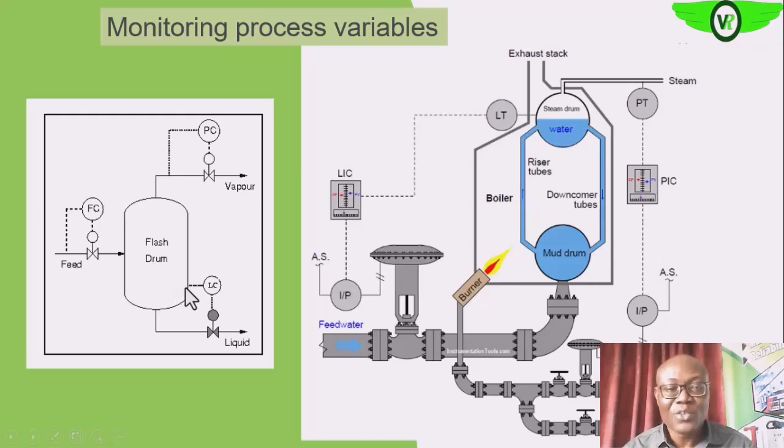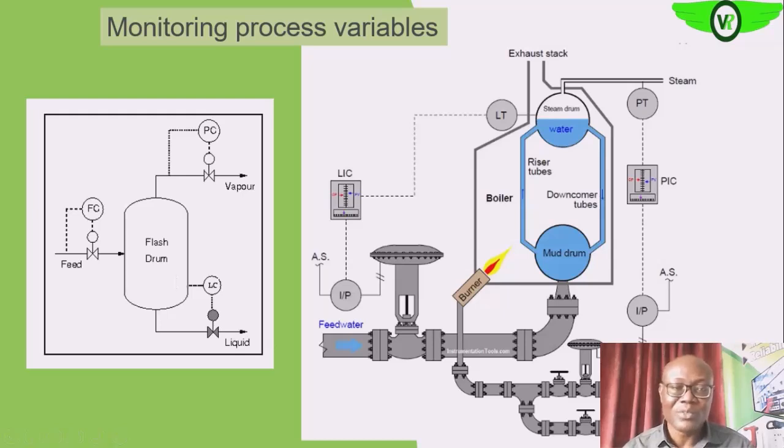So here we need the level sensor that senses the level and sends a signal to the controller that adjusts the final control element, such that when it gets to the required level, this valve will open up, and then we will remove some of the fluid from the bottom of the vessel.